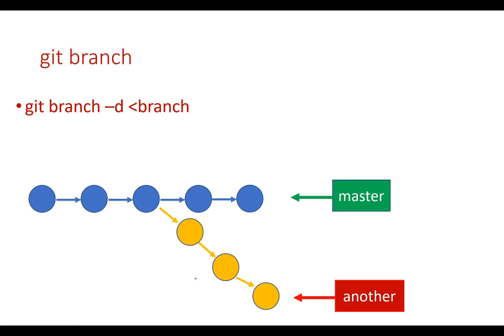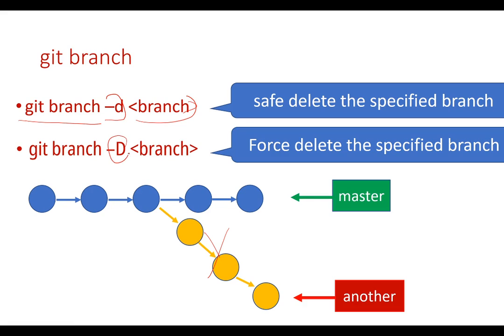If you don't want this branch, you can use git branch with this option and the branch name to delete it. Also, you can use this other option. These 2 options have some difference. This one means safely delete the branch. This one means force delete the branch. Safely delete means if this branch has been merged to another branch, then it can be deleted.